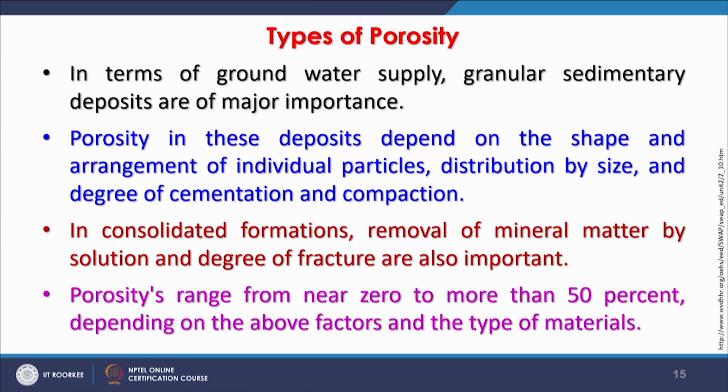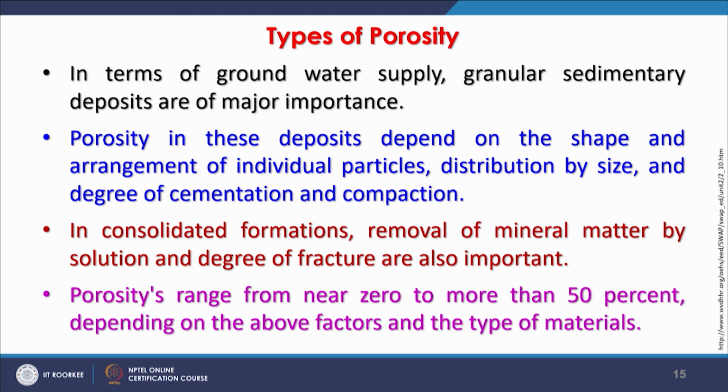So, what we can say at this stage is that porosity ranges from near zero, meaning no porosity, in completely unweathered, unfractured hard rock, maybe a batholith granite kind of example, to more than 50%. 50% is really very high porosity, but it depends.